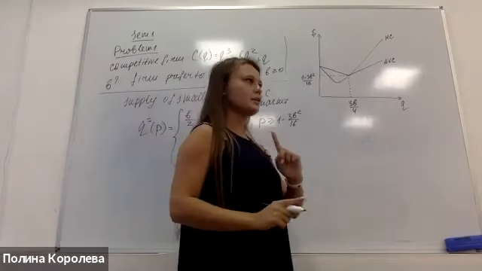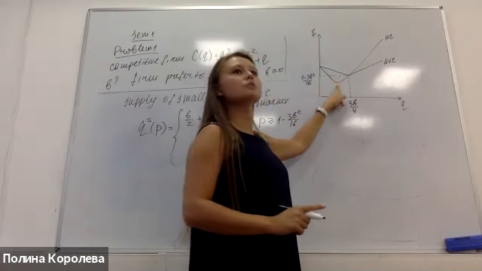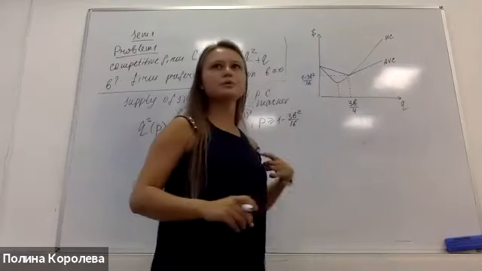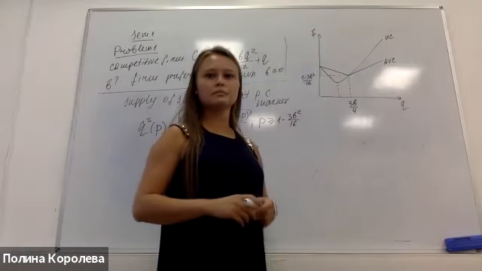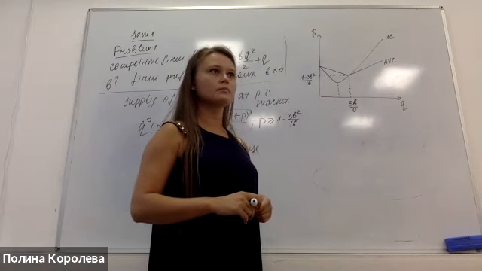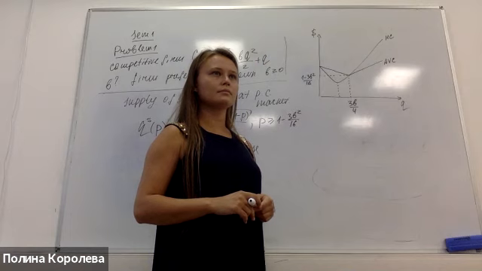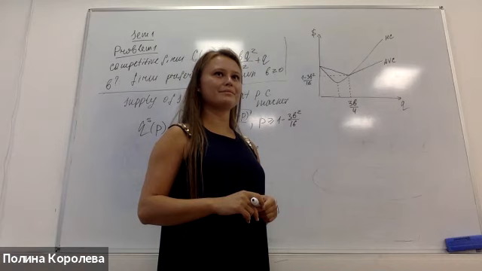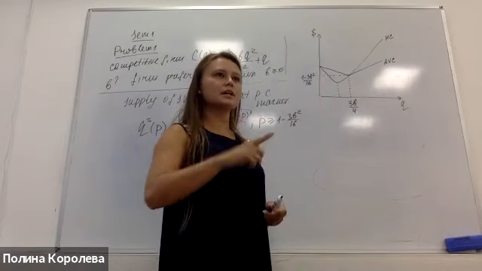Also, I know the minimal point for marginal cost. This will be 1 minus b plus b divided by 2 from the second order condition.